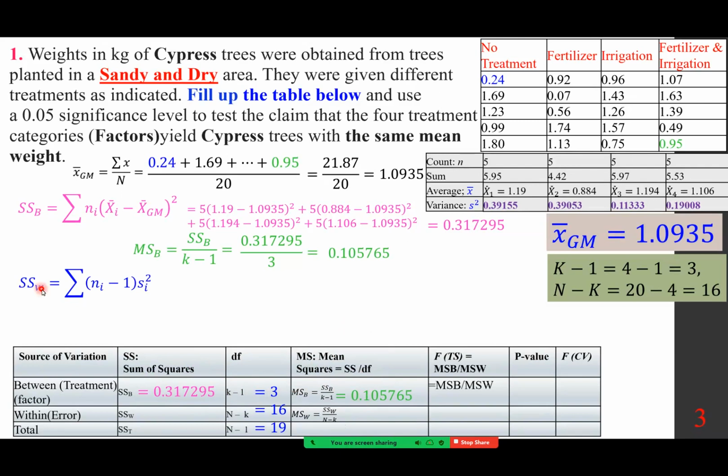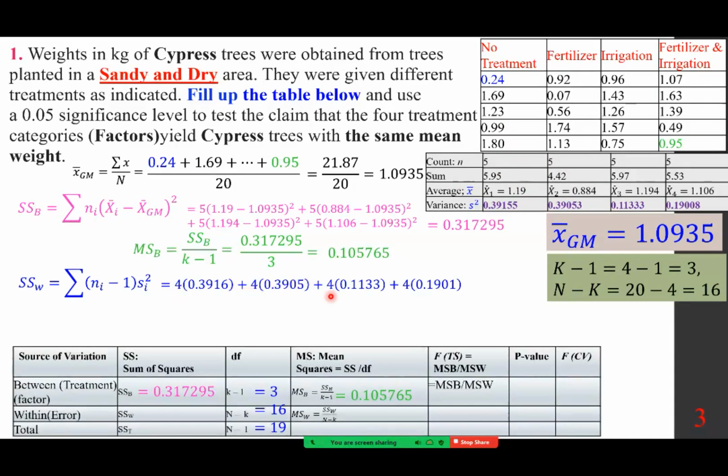SSW, or SS within: n sub i minus 1 times s sub i squared. So the variance for this group is this one times n minus 1, for this one is this one times n minus 1. n happened to be 5 for all of them. That's why we have 4, 4, 4.